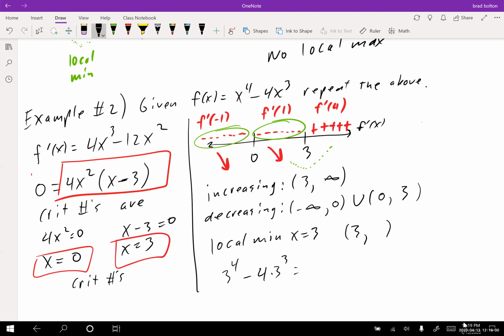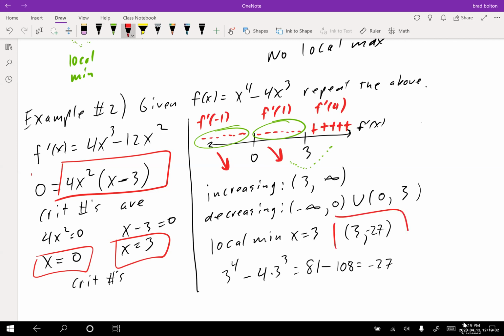So this would be 81 minus, what is that, 27 times 4, 54, is that 108? So 4 times 27. So we have 81 minus 108. So we get negative 27. So we get negative 27 right here.